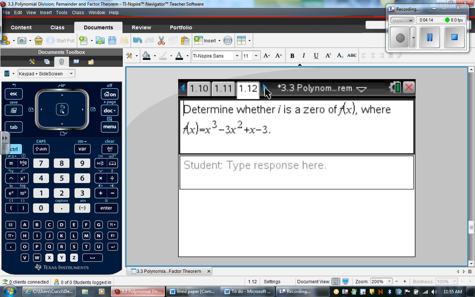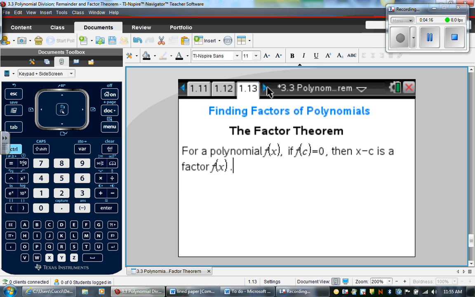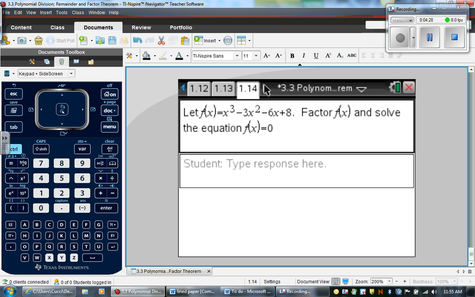Okay, so let's take a look at something called the factor theorem. For a polynomial f of x, if f of c equals 0, then x minus c is a factor. And we talked about this, so we're going to use this more extensively now. So we're going to say f of x is x cubed minus 3x squared minus 6x plus 8.